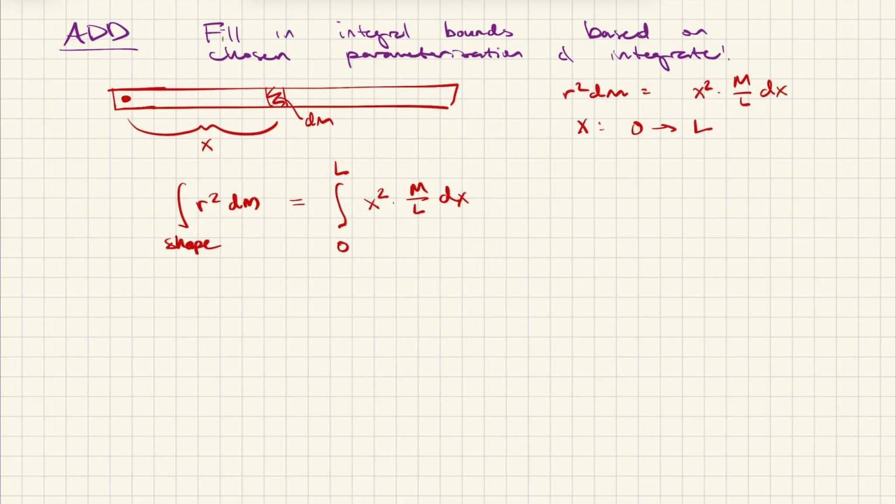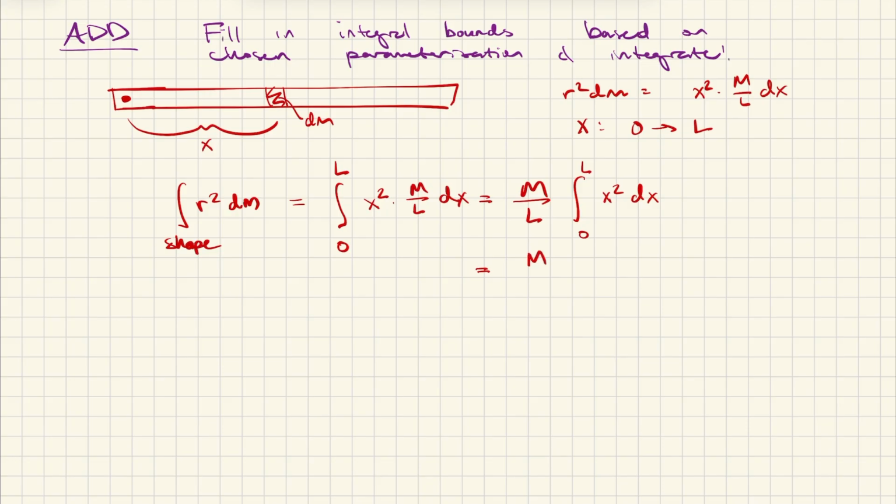Finally, we can recognize that this is a dx integral with an x here, and this is a pretty nice integral to evaluate. So we can go right ahead and do this. The first thing I'll do is take out this constant factor to make the integral look a little easier. And we have the integral of x squared dx.